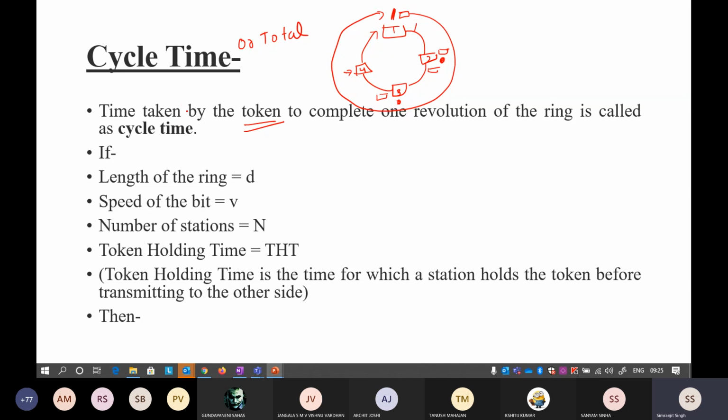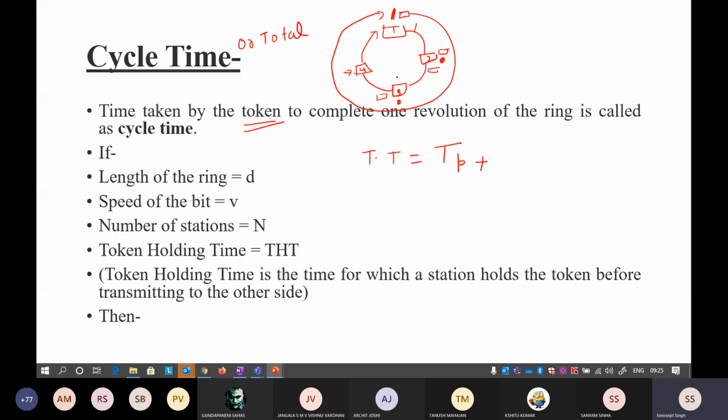So what is cycle time here? It is the time taken by the token to complete one revolution. I'm talking about the token, not the bit here. If you find out the time taken, the propagation delay of this particular token for the whole circle will be TP.